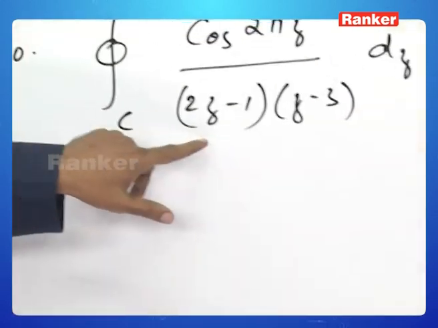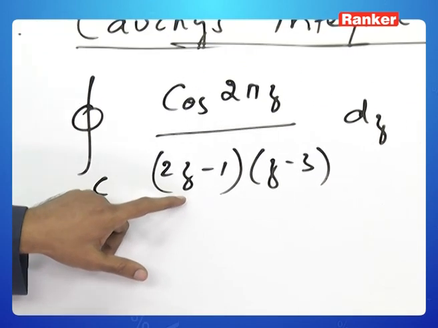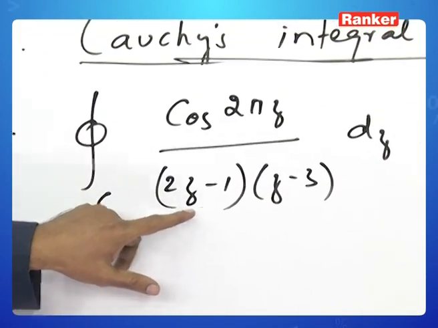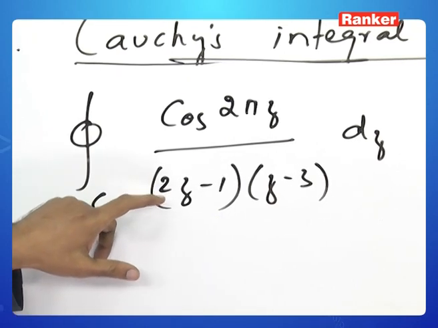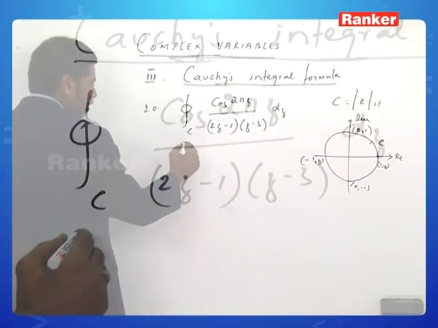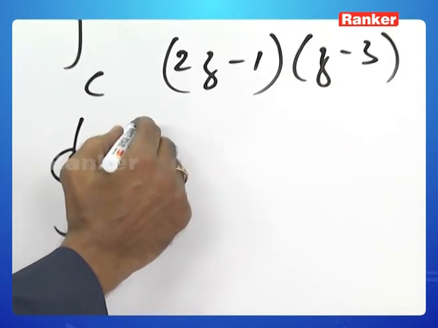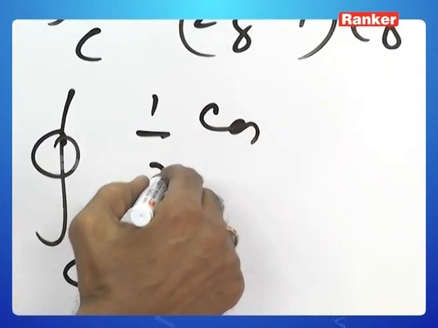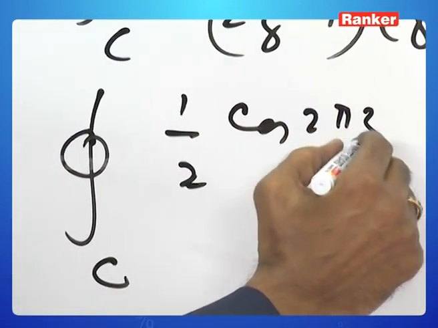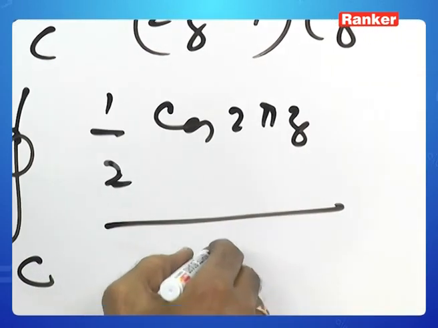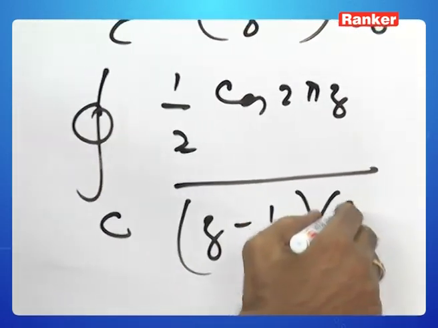There is a small adjustment required here, because in the ideal form we require z minus alpha type of situation. So you can extract these two outside and write half cos 2 pi z by z minus half into z minus 3.